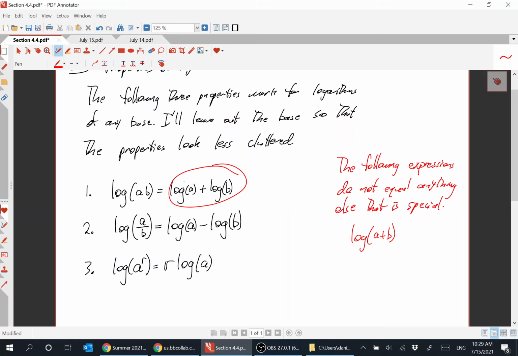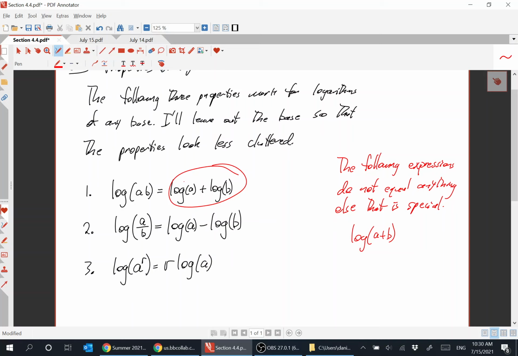Again, nothing distributes over addition. Log doesn't distribute over addition. Exponents don't distribute over addition. Fractions don't distribute over addition. Well, addition in the numerator distributes over a denominator, but that's just multiplication distributing over addition.